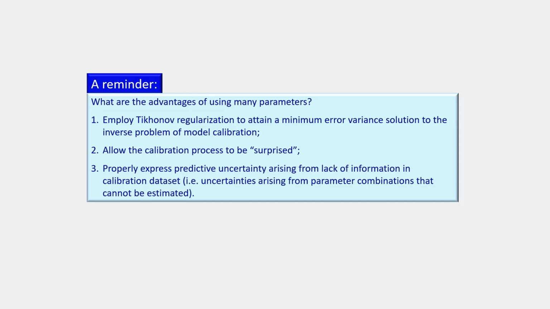It's the parameters that we can't estimate that are just as important as those we can. So having lots of parameters allows us to capture what information is available and then to express, through quantified predictive uncertainty, the ramifications of not having enough information available to make accurate predictions of certain aspects of the future behavior of a system.